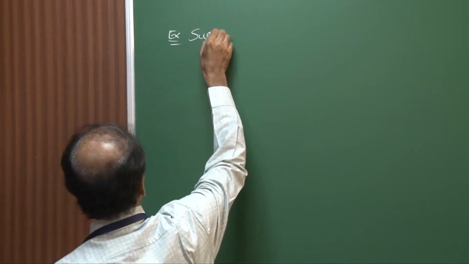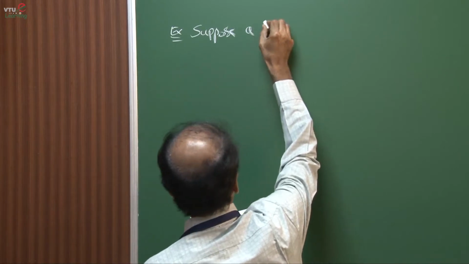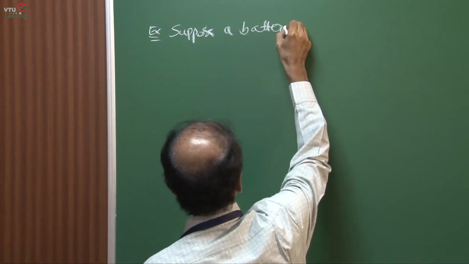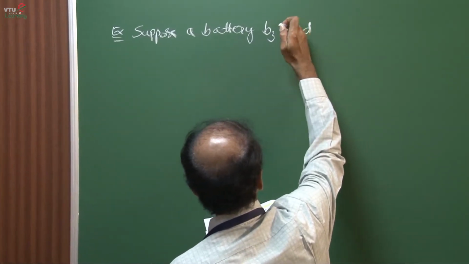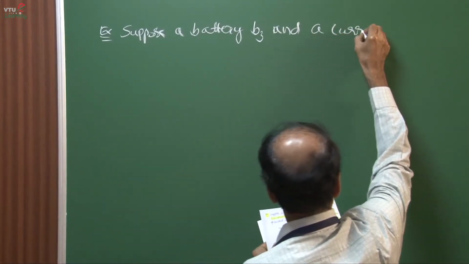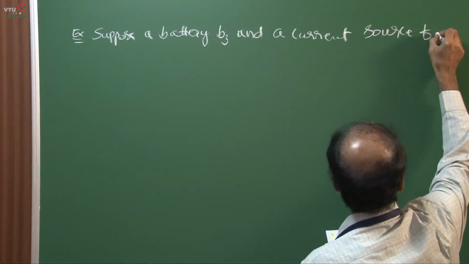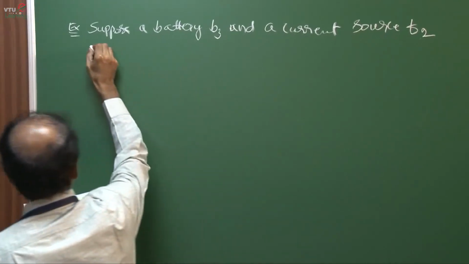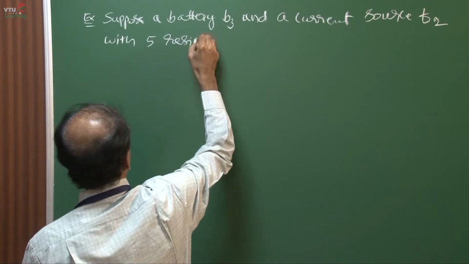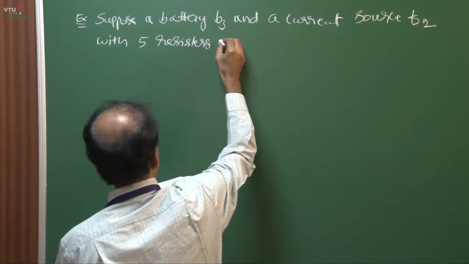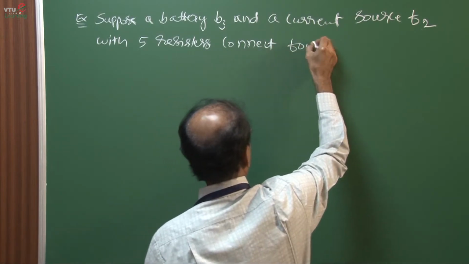Example, suppose a battery B3 and a current source F2 with 5 resistors connect 4 nodes.